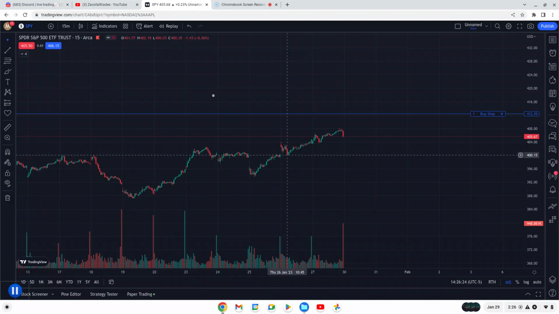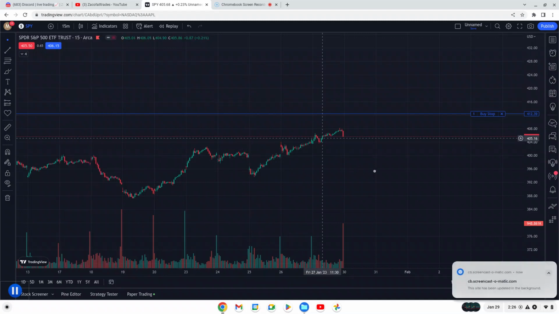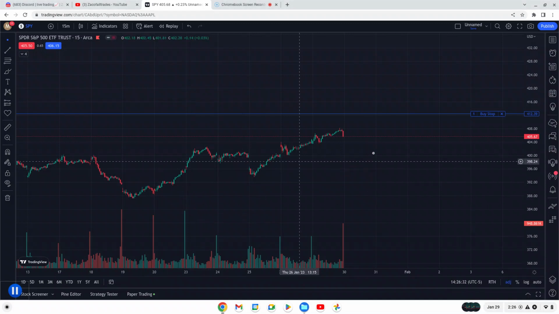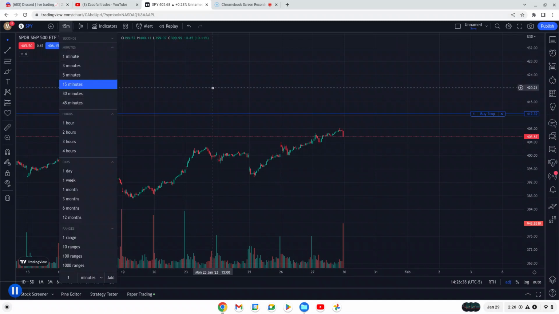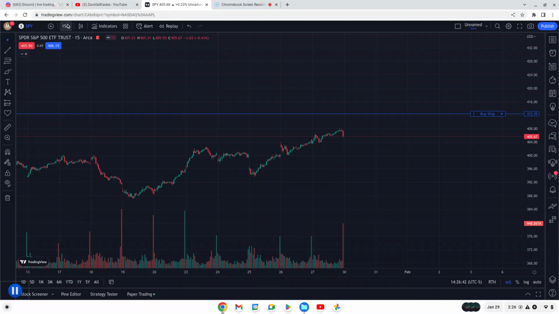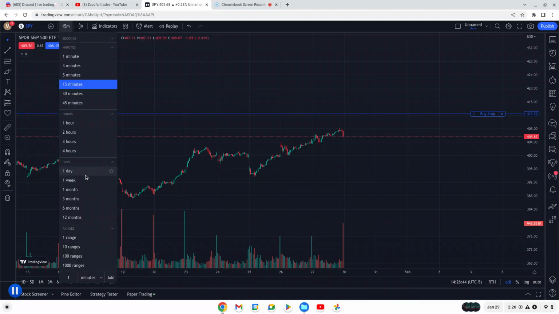But yeah, the way I look at the market is, if I'm looking into a trade, let's just say if I'm looking to buy calls, first let's start with my higher time frame. So I'm gonna start on the 4 hour time frame.